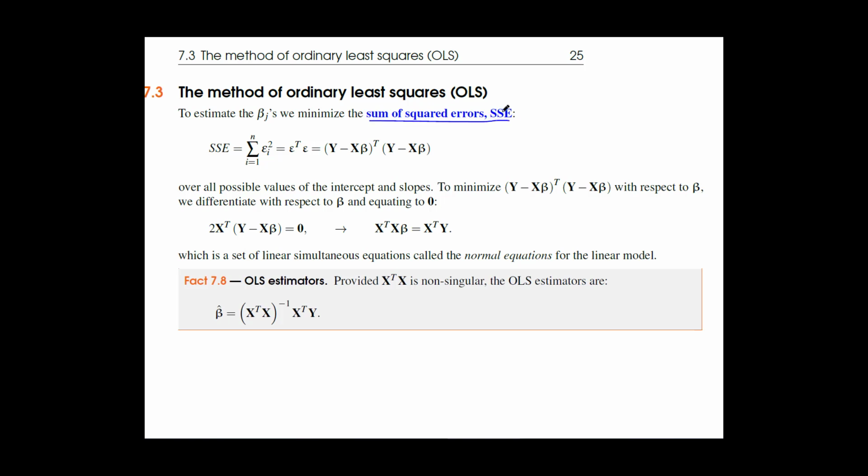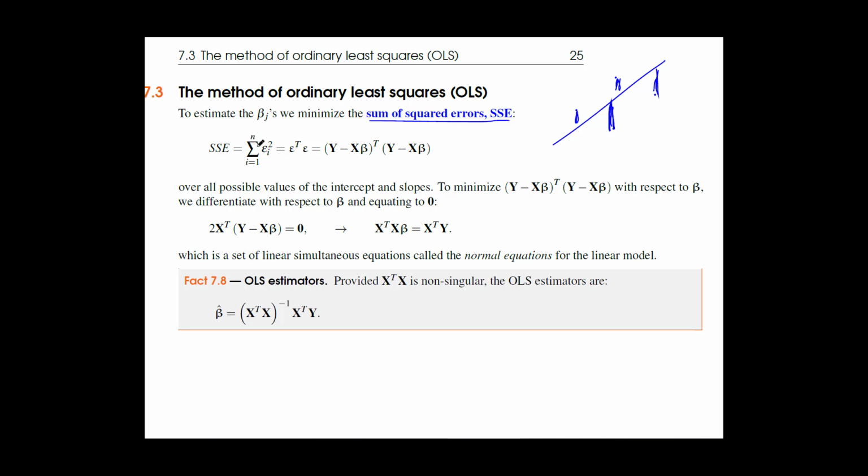Remember the squared errors: you had the line and you had the data, and the errors are the discrepancies. We're going to find the betas such that that sum is minimized.